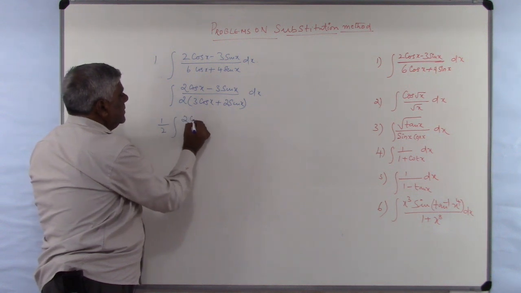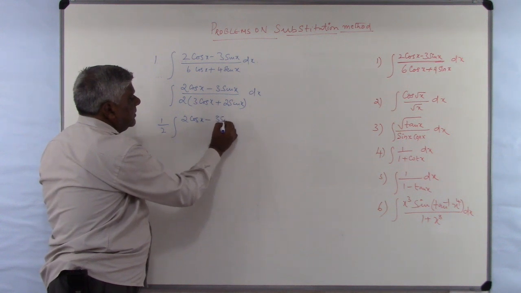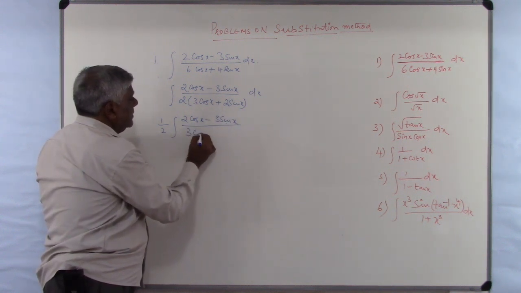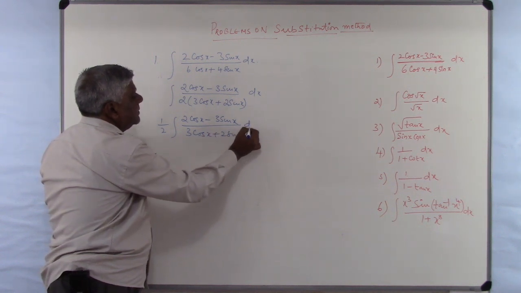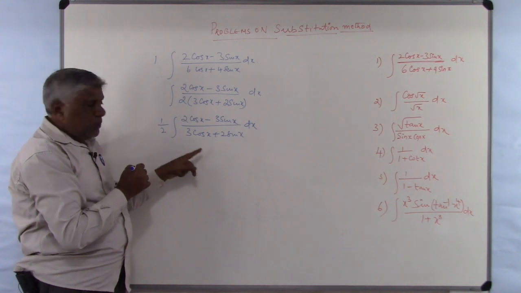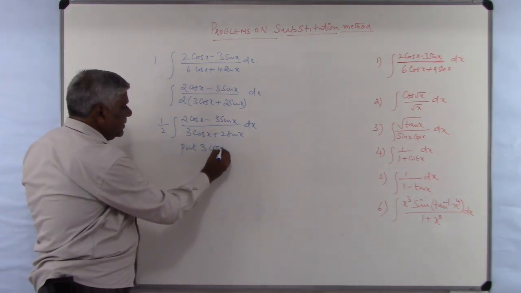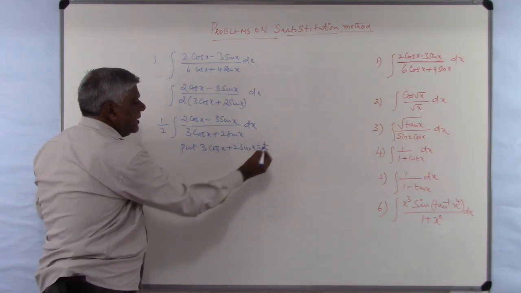Now 2 cos x minus 3 sin x by 3 cos x plus 2 sin x dx. Now put 3 cos x plus 2 sin x is equal to t.